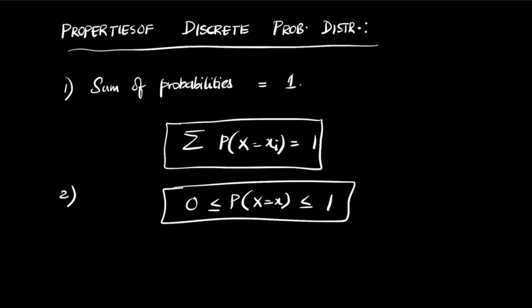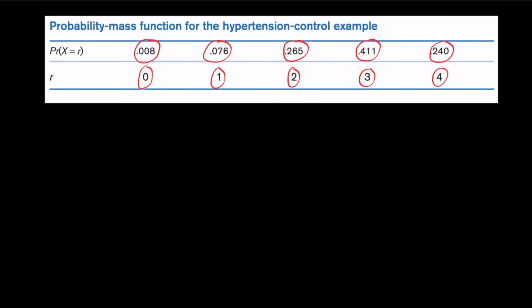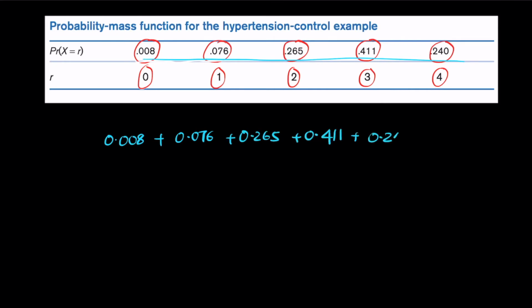How would you know if this is true? You can try summing up all the probabilities that you have here. For example, 0.008 plus 0.076 plus 0.265 plus 0.411 plus 0.240 will be equal to 1.